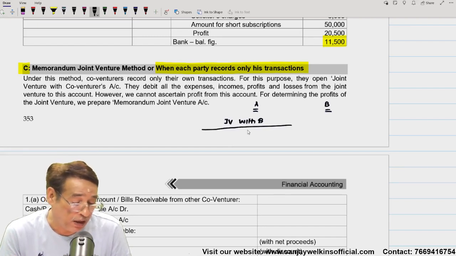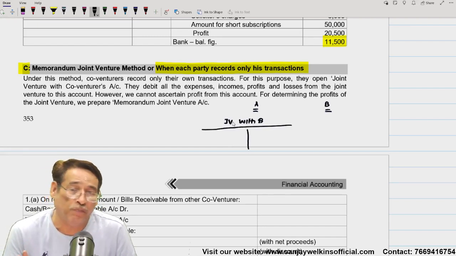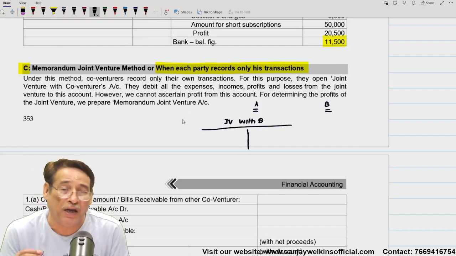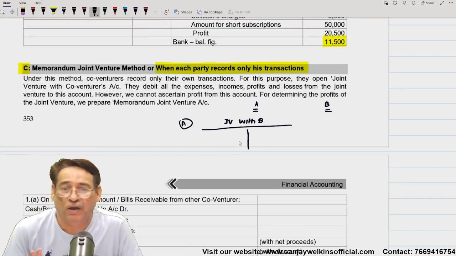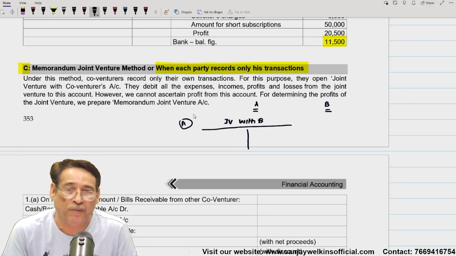Correct? A will prepare an account, joint venture with B account. And in this account, A will record only his transaction. That means transactions of A only will be recorded in this account. He will not record the transaction incurred by B.